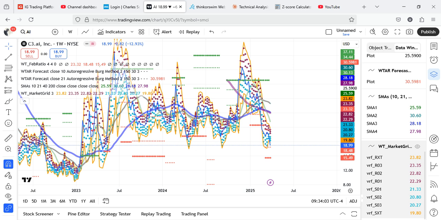But it seems it hasn't taken into account what happened on Friday, the 4th of April. This figure of 19.8 is supposed to be indicating that the price is already below that. So well, it doesn't really follow.